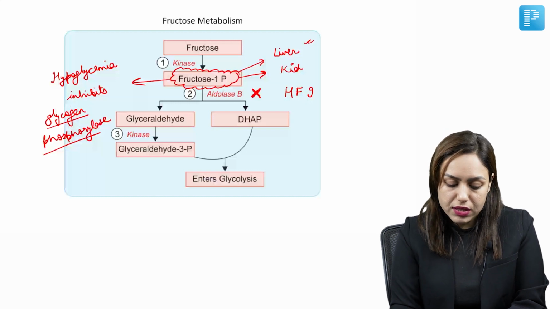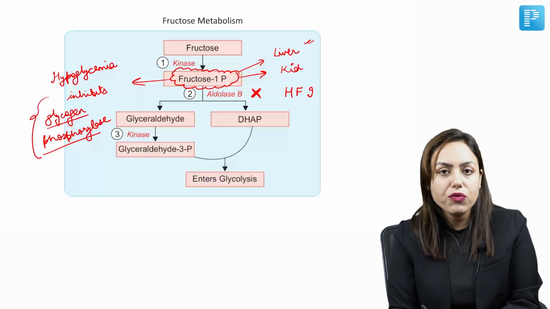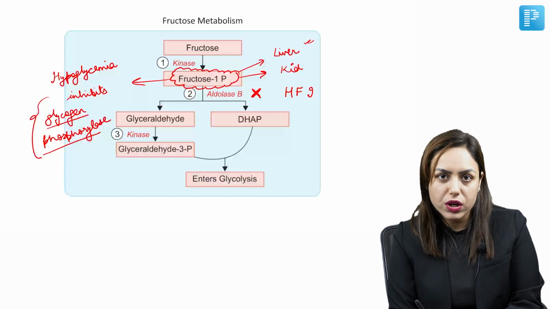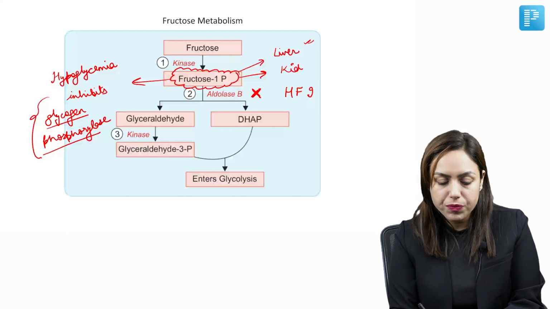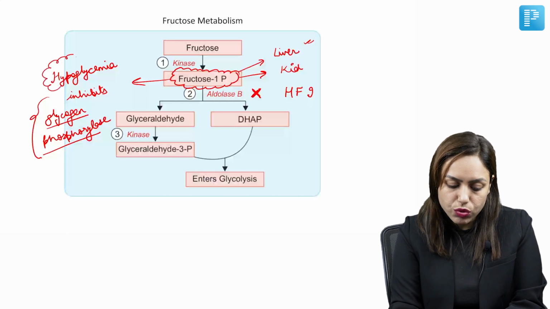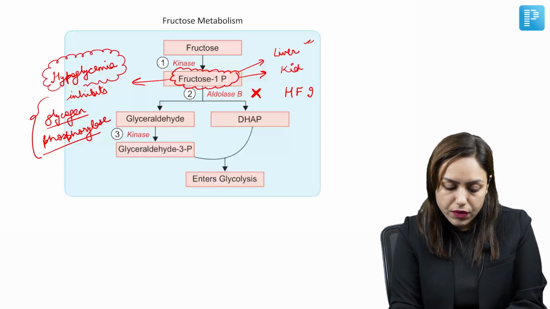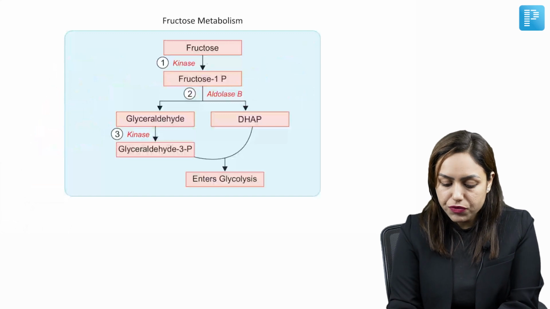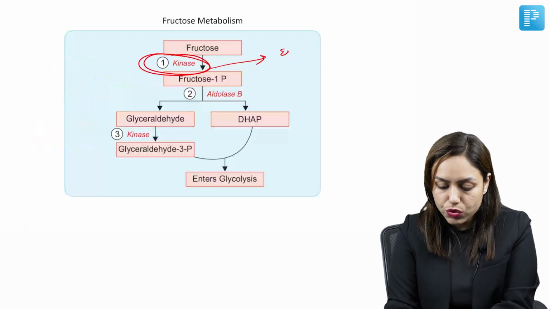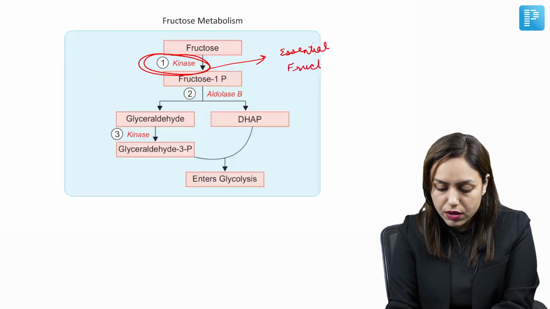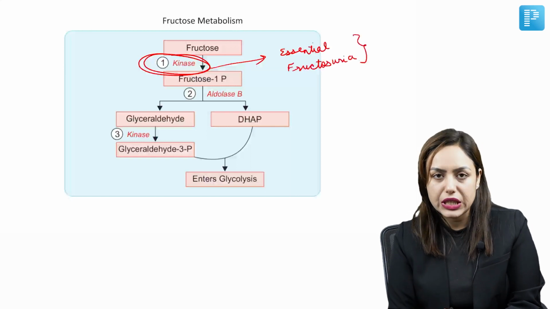So when this enzyme does not work, the liver's glycogen cannot be broken down, and glucose will not be released from the liver. So this will lead to hypoglycemia, right? And if the first enzyme, fructokinase, is deficient, then this leads to essential fructosuria, which is a benign condition, right?